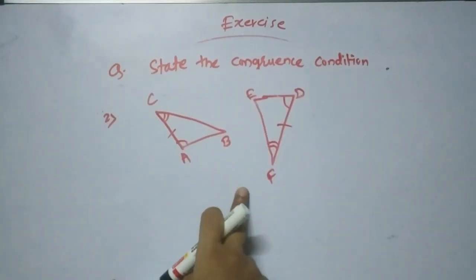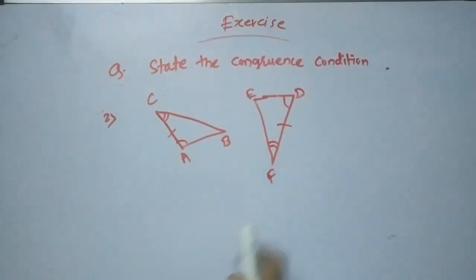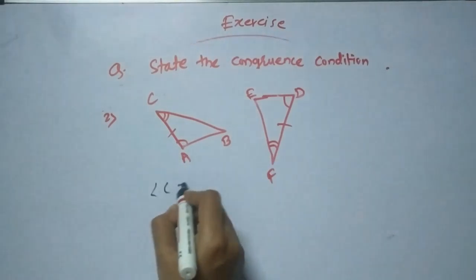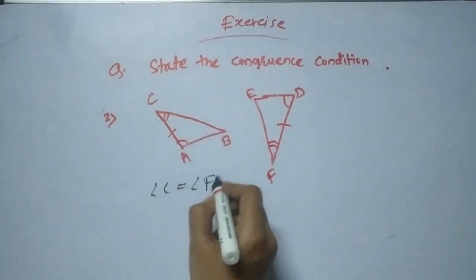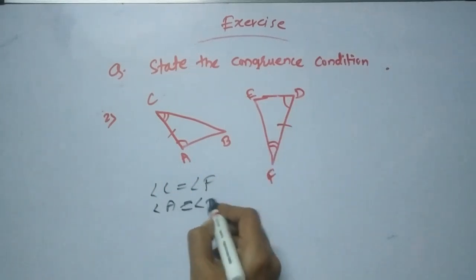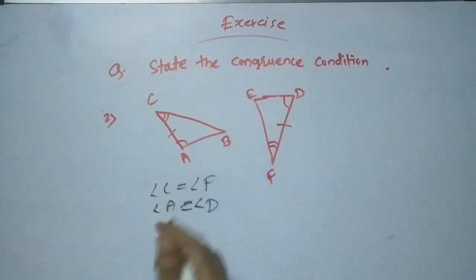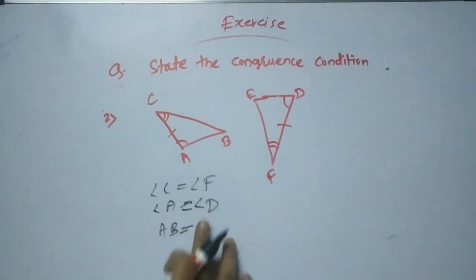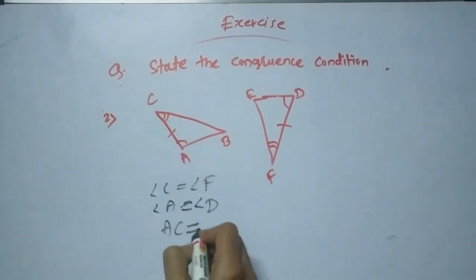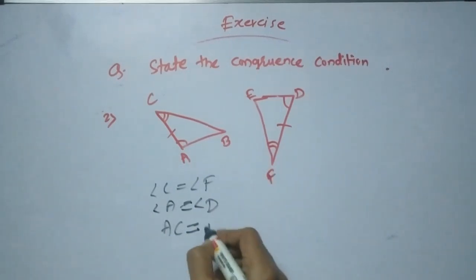Now in this question, these two triangles are given, so we have to state the condition of congruence. Here this angle C is equal to this angle F, and this angle A corresponds with the angle D. And here this side AC is equal to the side DF.